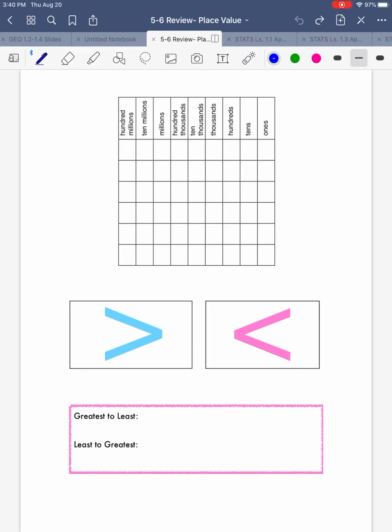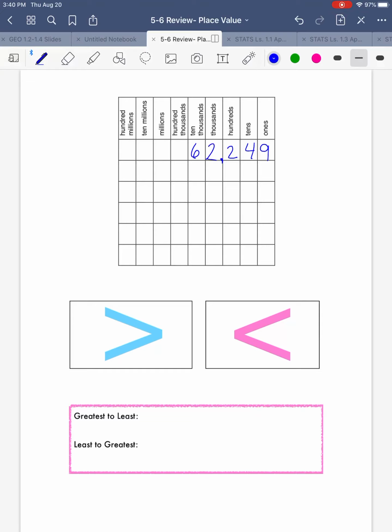Since I'm saying 62 thousands, we know that we're going to begin in the thousands group, okay? And I didn't say anything about hundred thousands, so we know we're going to begin the number here. So 62,000, and I can put a little comma in there, 249. There's the correct way to write that number, okay?